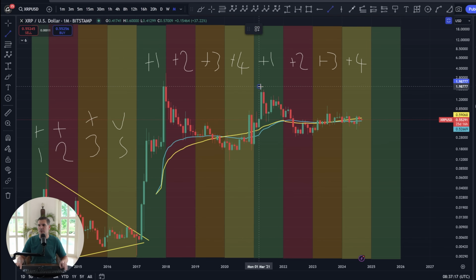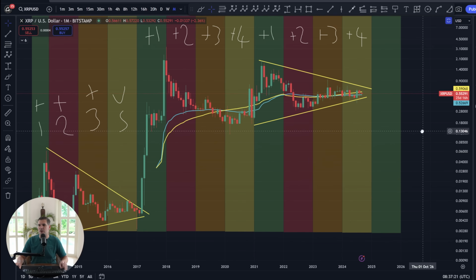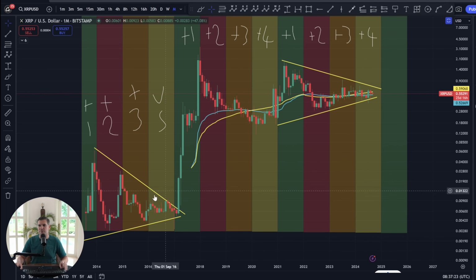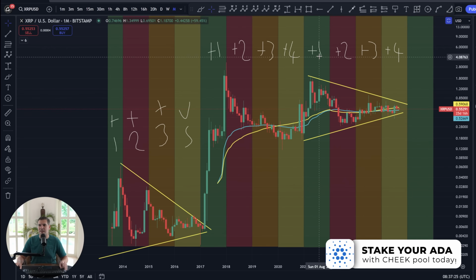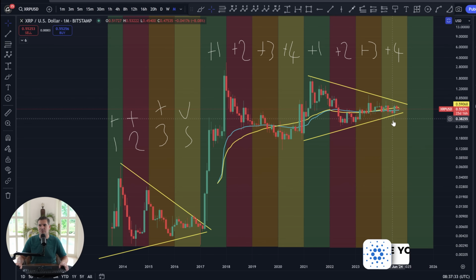If we take a look, we can look at this particular structure forming right inside here as well. So a very similar setup in terms of price action, as well, of course, as where our years are currently sitting in terms of the US election. Now, of course, the Federal Reserve's monetary policy will also be a factor that we should consider in here, along with the Dixie and all those other factors.